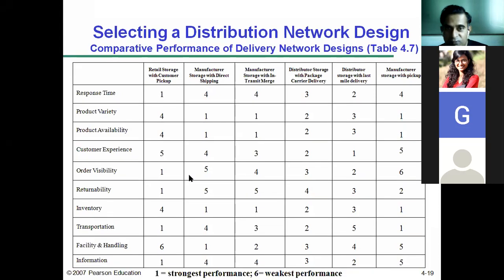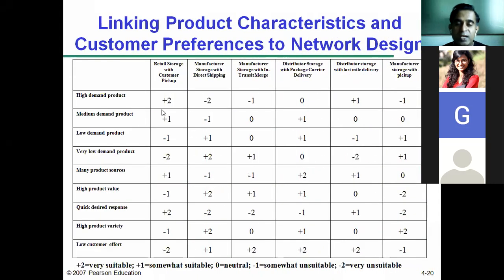In continuation of this discussion on how to select a distribution network design, in this next stage the product characteristics and customer preferences are linked to a network design, by which a company will be able to select a proper type of distribution network suitable for the company.